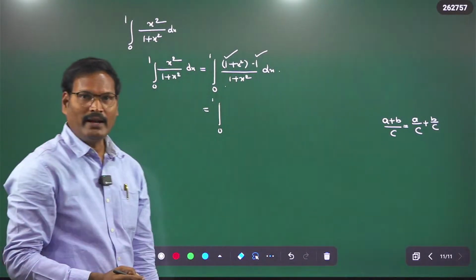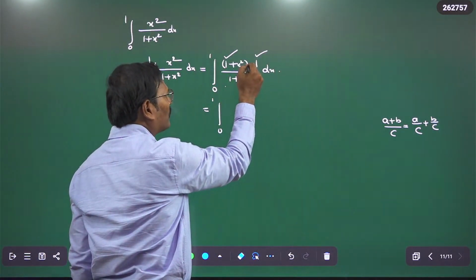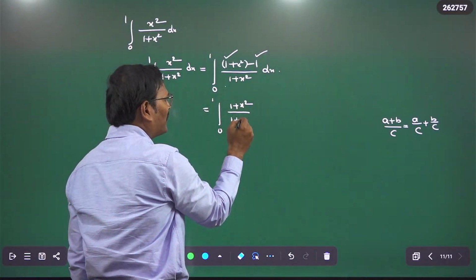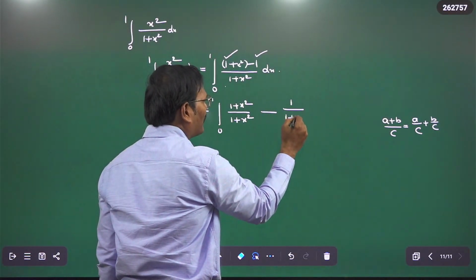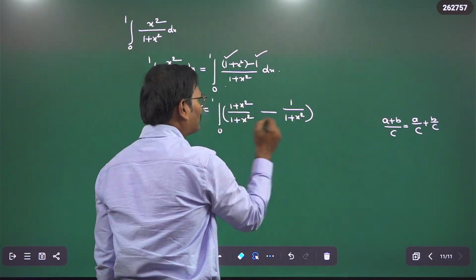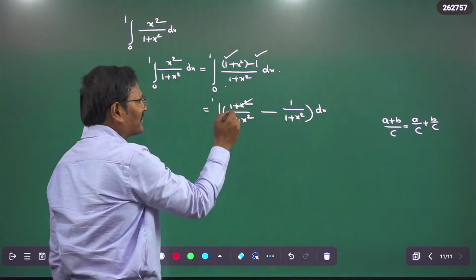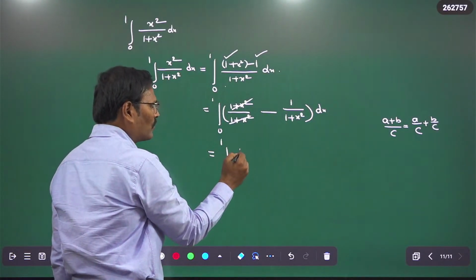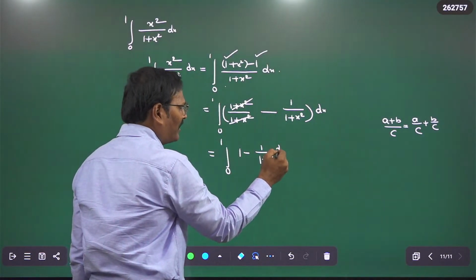Yes, we can write. So similarly, I am separating these two also: 1 plus x square by 1 plus x square minus 1 by 1 plus x square dx. So 1 plus x square and 1 plus x square get cancelled. Integral 0 to 1, 1 minus 1 by 1 plus x square dx.